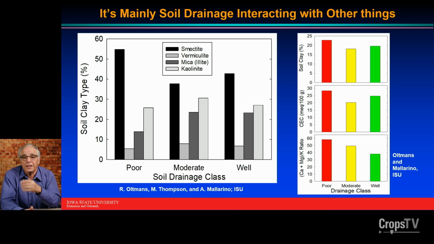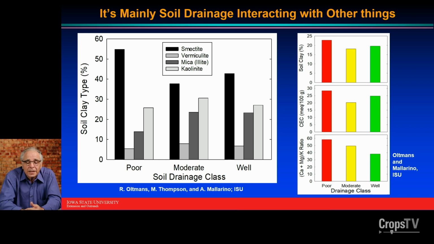And then the CEC, that's another thing. Yes, it's a bit higher in these soils with poor drainage, but look at the numbers. The well drained, the green bar, is about 25, and the red bar is 27. So this is nothing, really, given the errors that are out there in the measurements.